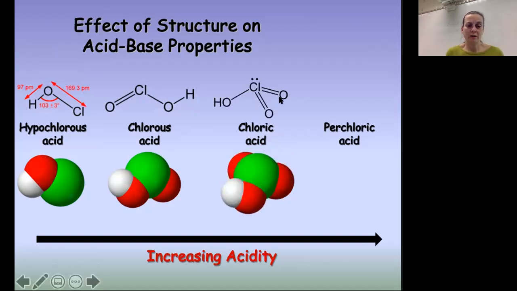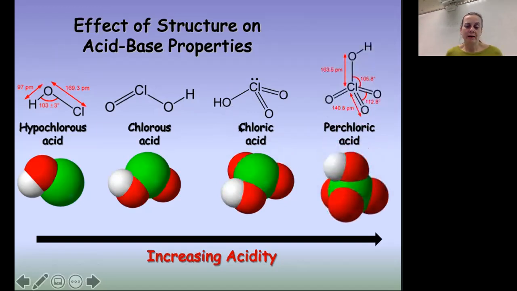Again, more oxygens, more electronegative, pulling even harder. So this hydrogen to oxygen bond is even more polar, making it even more acidic. And finally, we reach perchloric acid, which has the most oxygens and therefore has the weakest oxygen to hydrogen bond, or most polar oxygen to hydrogen bond, and therefore is the strongest of these four acids.